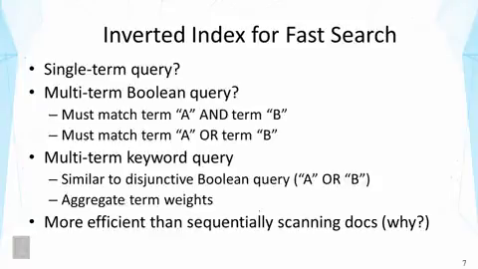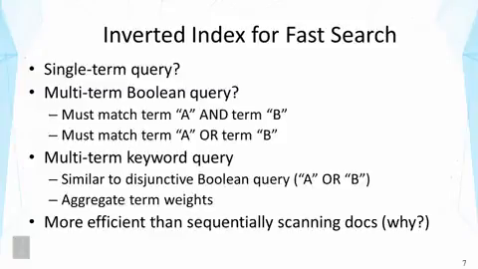Basically, it's similar to a disjunctive Boolean query, like A or B. We take the union of all the documents that match at least one query term, and then we would aggregate the term weights. So this is the basic idea of using inverted index for scoring documents in general. And we're going to talk about this in more detail later.